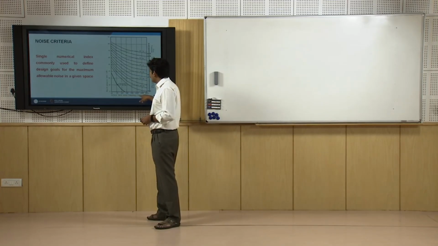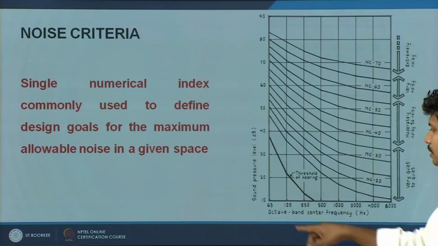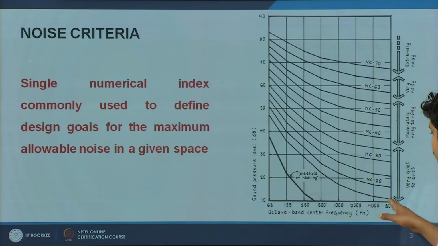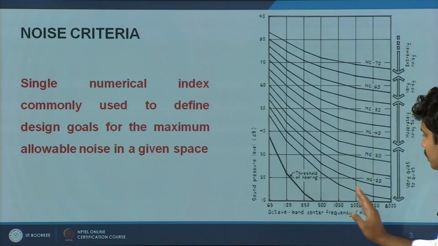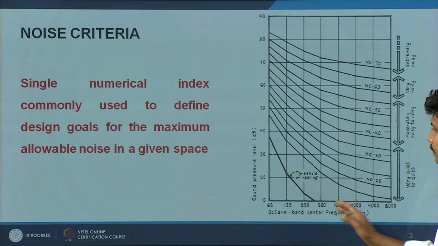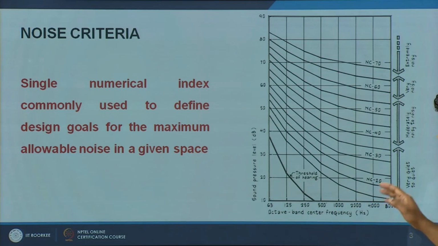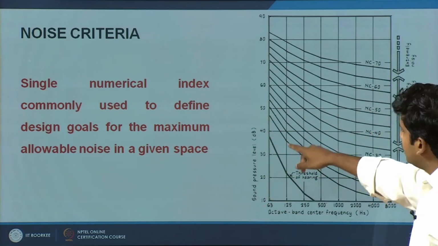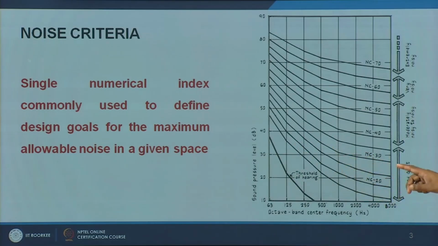On the x axis you will have the octave band center frequency, which we looked at. This covers from 63 Hz all the way up to 8000 Hz. Further low and further high frequencies are not covered here. Primary audible frequencies start from 63 and go to 8000 Hz. On the y axis you will find sound pressure level in decibels. There are defined contours which have evolved.